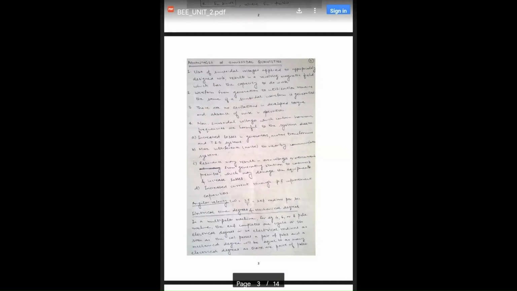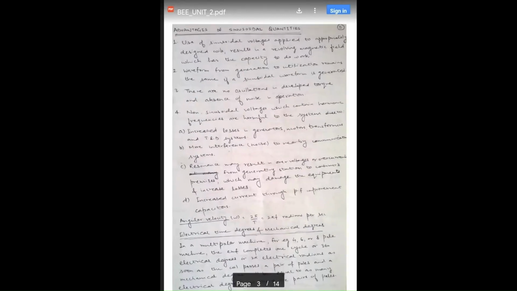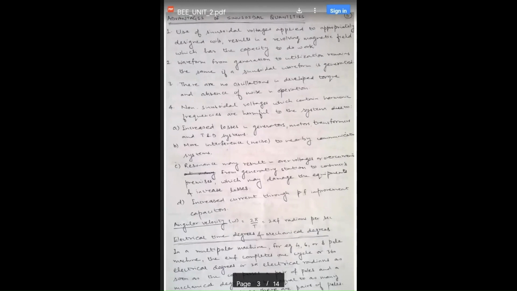But the requirement is such that the sinusoidal waveform should not get distorted. So by and large, the waveform from the generated sinusoidal voltage to what we receive at the load end remains the same, although there are harmonics due to the different kinds of loads it caters.